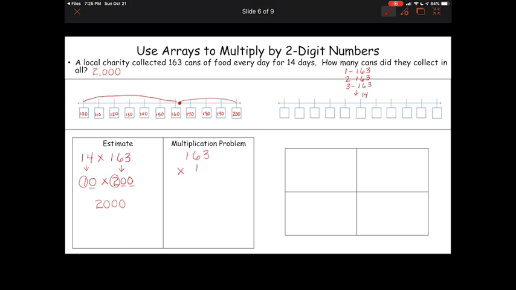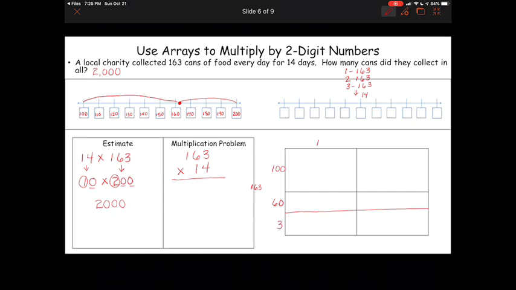163 times 14. 163. In the hundreds place, 100. And I'm going to add that extra line because there's a hundreds place. So that would be 160 because 6 tens is 10, 20, 30, 40, 50, 60. And then 3.